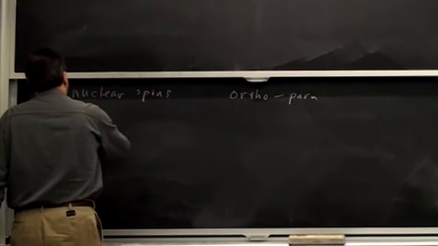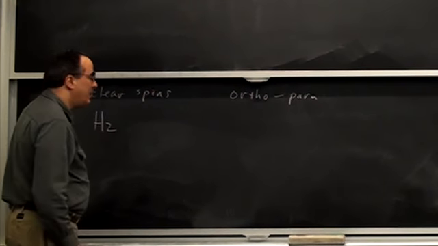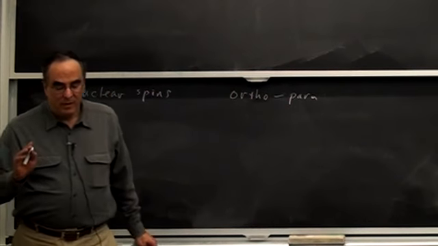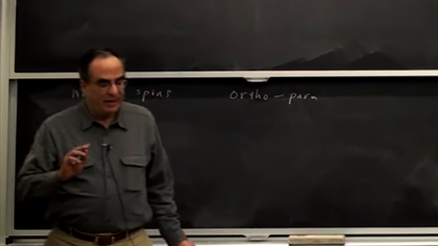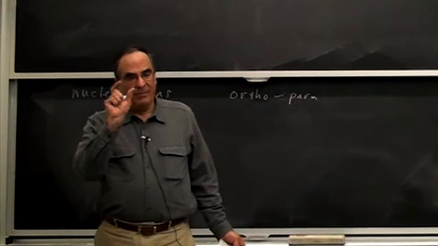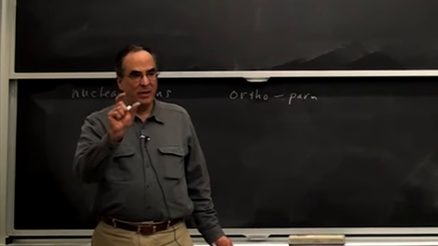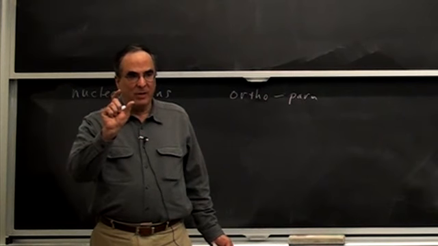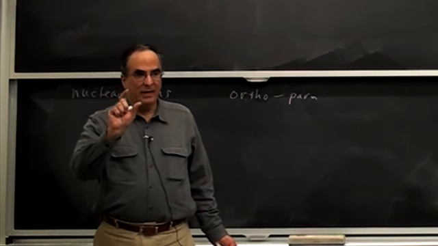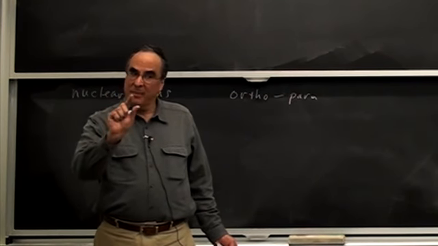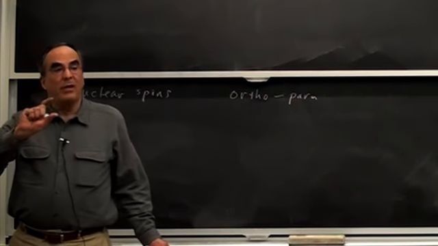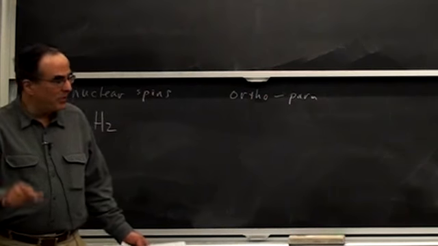so we start out with hydrogen, and we classify the nuclei of molecules according to whether they're bosons or fermions, and we ask about operations where nuclei, identical nuclei, not chemically identical, but identical, are permuted.